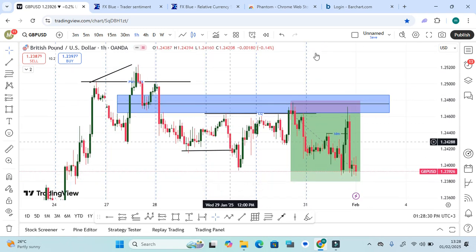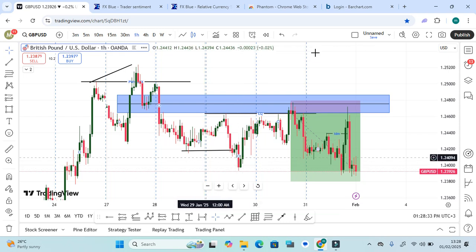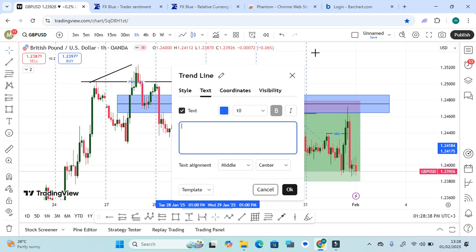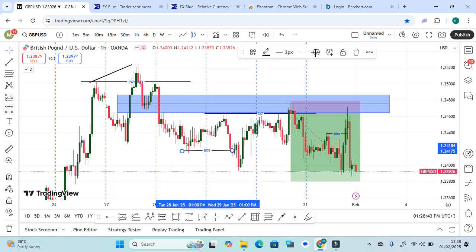So on Wednesday, market took previous day's low. It is on Tuesday, right? There was a break of structure here. So we're supposed to see market liquidity, and this liquidity, as we said, is previous day liquidity, session high liquidity, previous week liquidity.